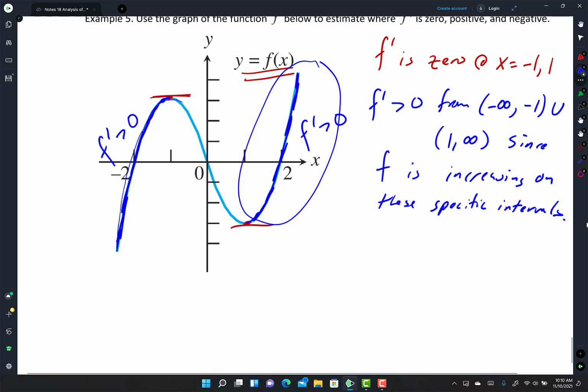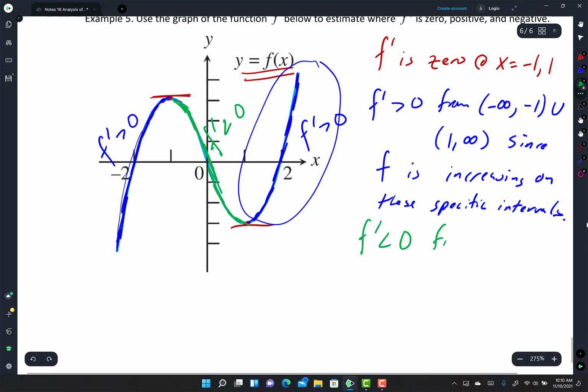All right. And then I think I used green for F prime negative, right? So this in green, F prime is negative. Why is F prime negative there? Perfect.